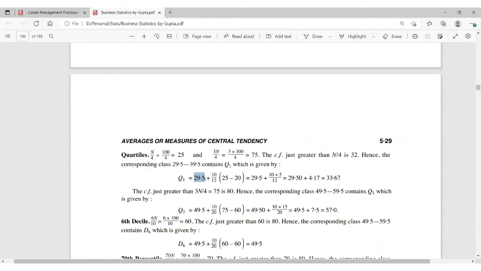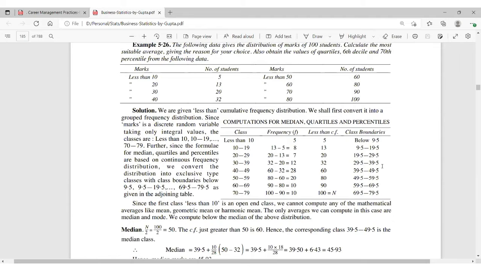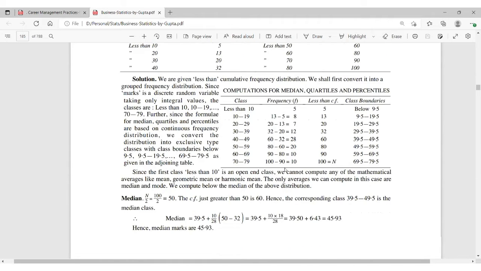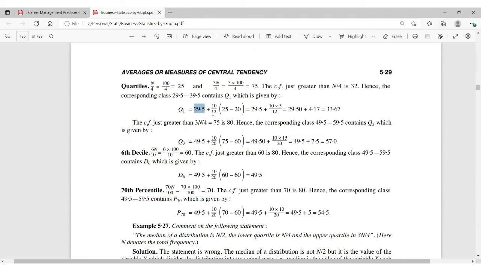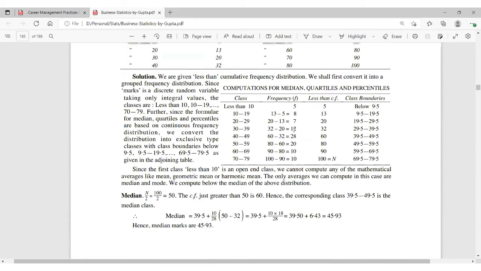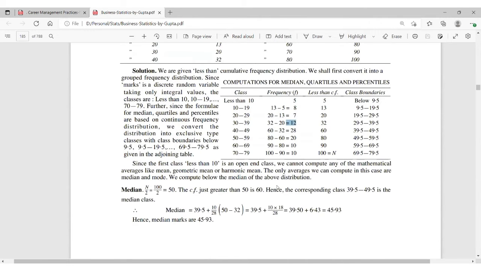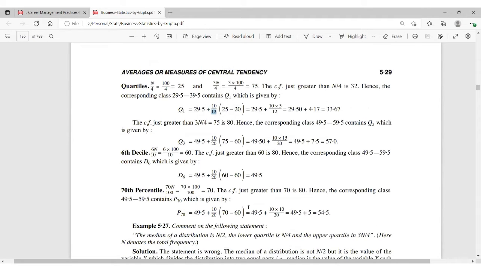We put 29.5 here, right? Similarly, h. h is difference of this class size, that is 10. We write it as a 10. f is the frequency of that class. Now, this is 32. Frequency is this 12. So we put 12 here, right?